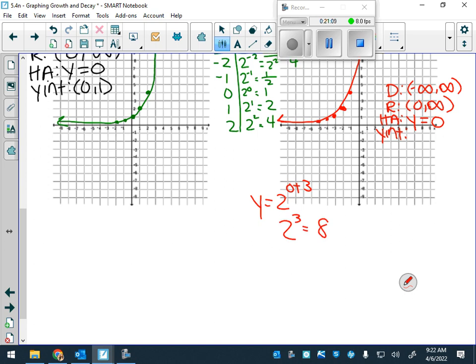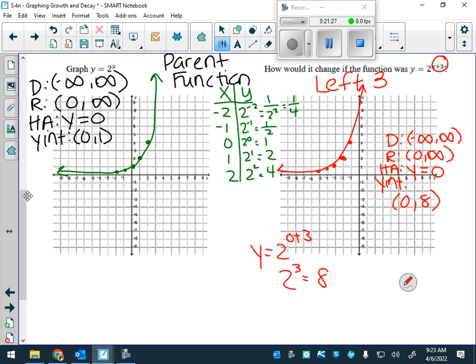So our y-intercept is 0, 8. Okay? It's not 6, it's 8. Okay, be careful. So you may have to find your y-intercept, especially if you're moving left, right, up, or down. Okay, your y-intercept will be different.